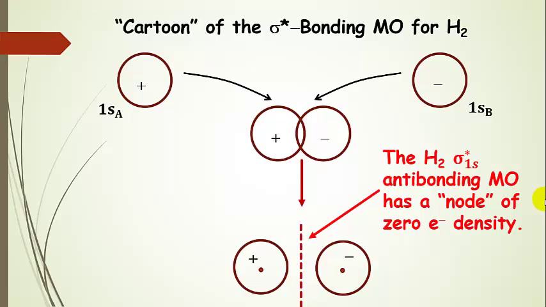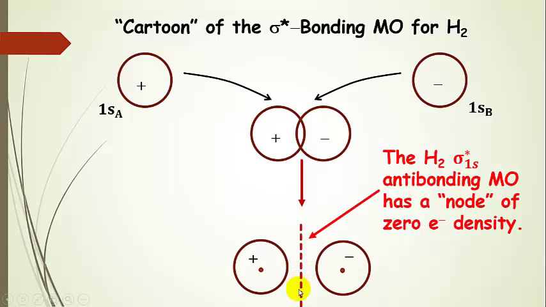Now the anti-bonding molecular orbital is a different situation. Now we have positive phase on one of the hydrogen 1s orbitals, and negative on the other. When we overlap those, we have destructive interference. That cancels out the amplitude between the two nuclei.